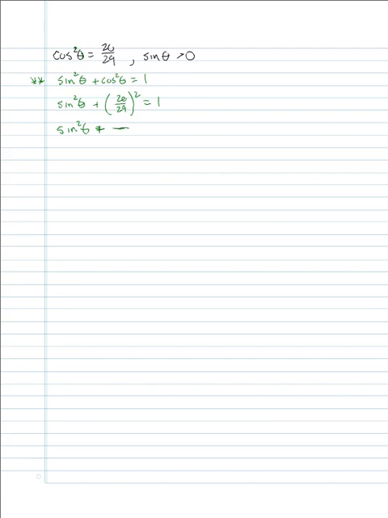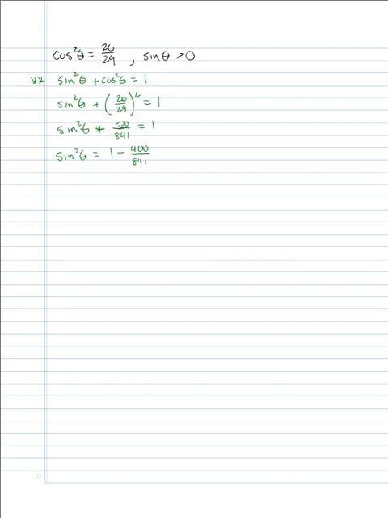When we square 20, we get 400. And when we square 29, don't we get 841? Is that what we decided before? I believe so. Is equal to 1. So that means sine squared of theta is equal to 1 minus the fraction 400 over 841.